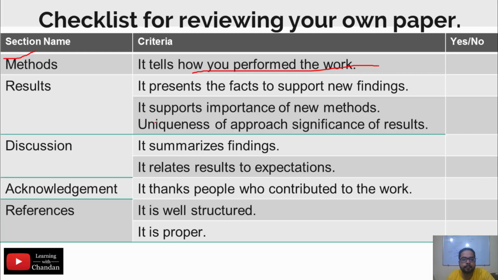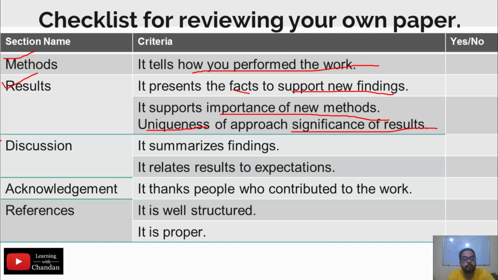Now coming on to the next section, the results. Here you have to show the facts which support your new findings. You have to tell the importance of the new methods, and you have to show the uniqueness and the significance of the results.